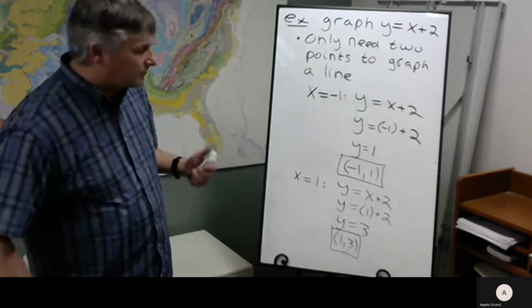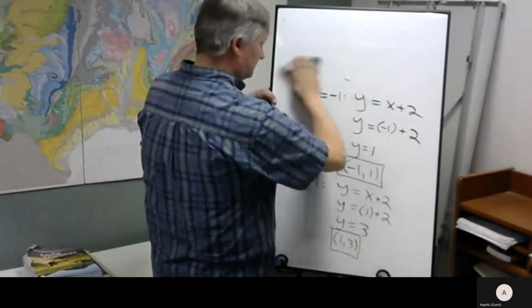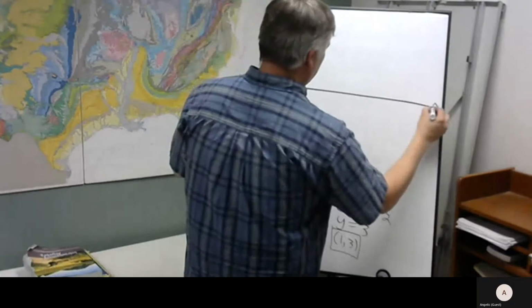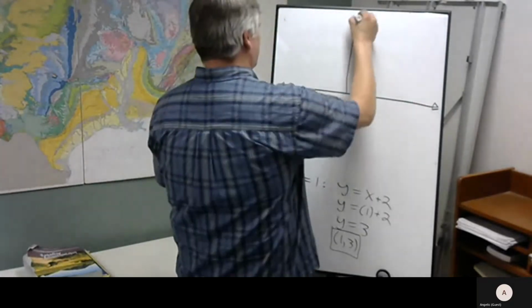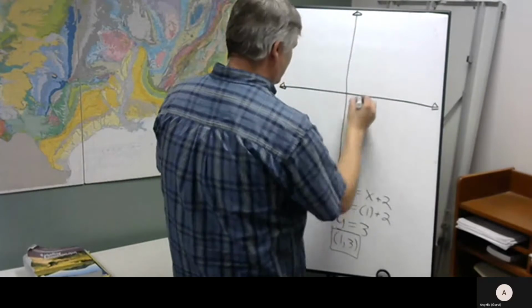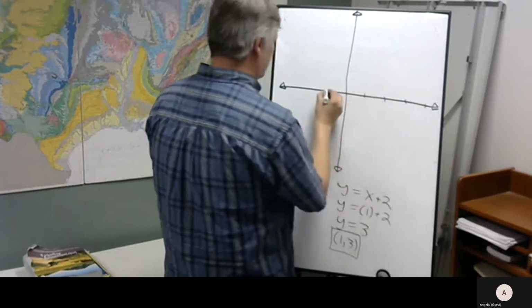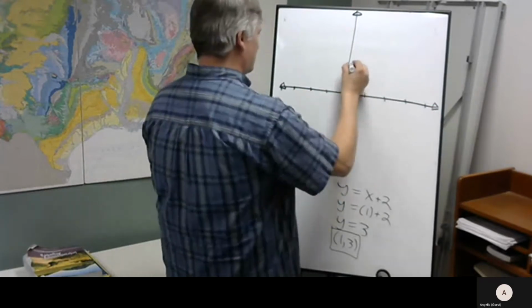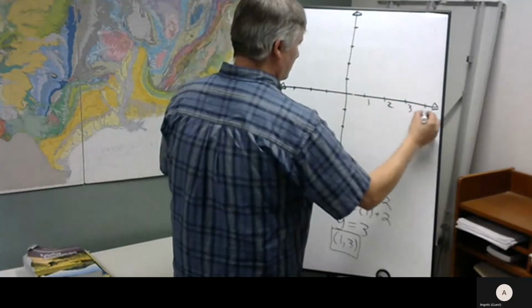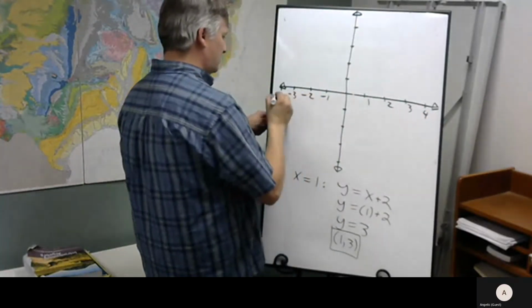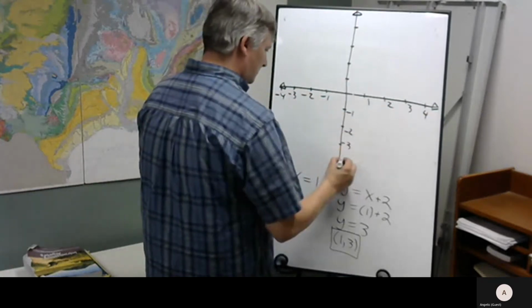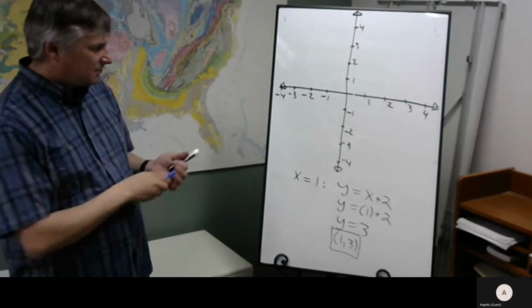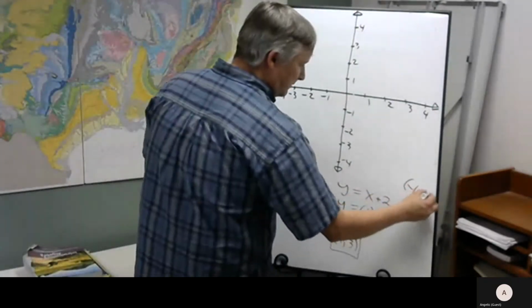So finally what we're going to do, we're going to graph this line. So the coordinate pair, we had a -1, 1.